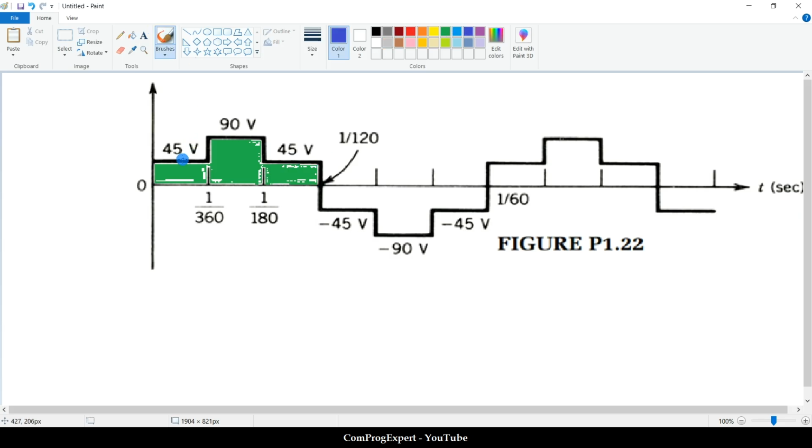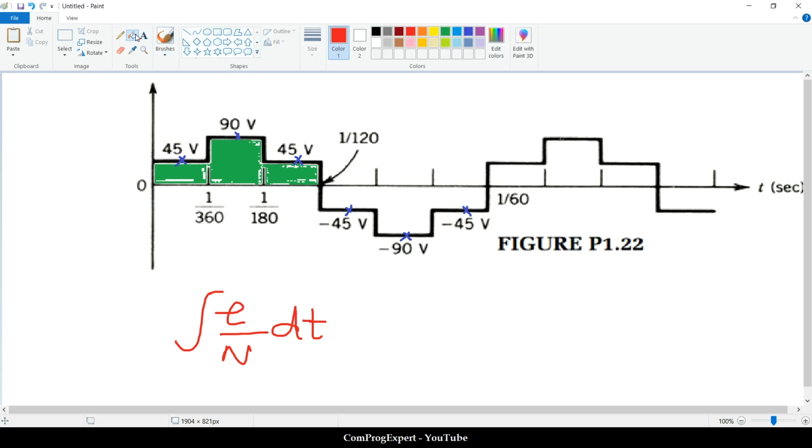We have six steps: one step here, 2, 3, 4, 5, 6. In the first three steps, the value of the voltage is positive, and we have an increase in the value of the flux. The integral of E divided by N dt, the cumulative integral, is increasing.